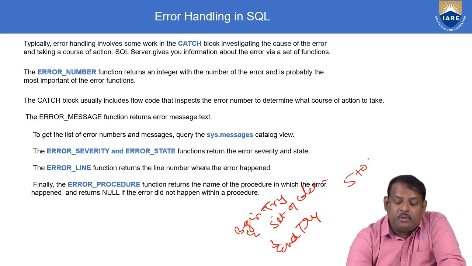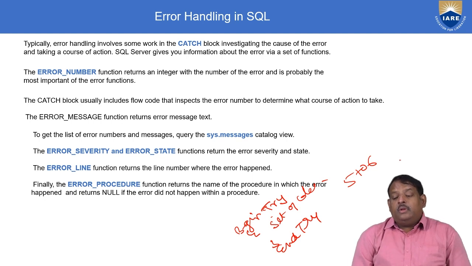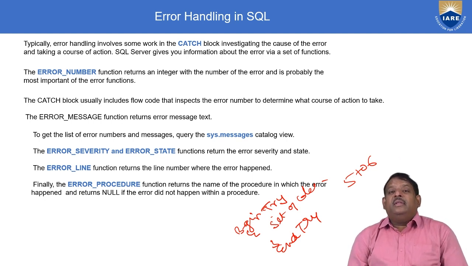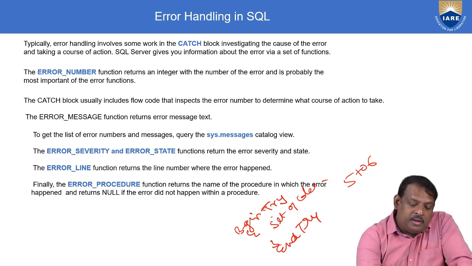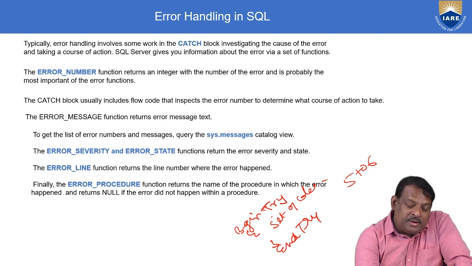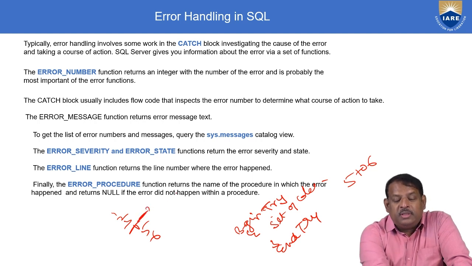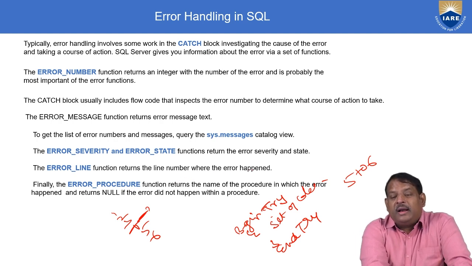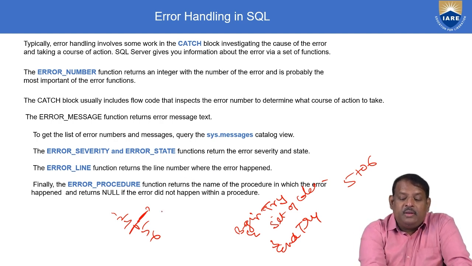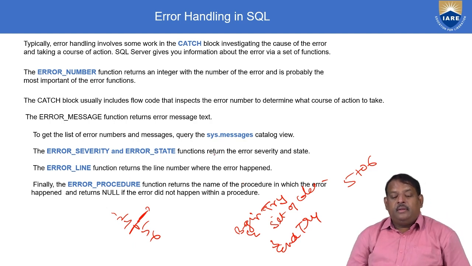When you are using the error line function, suppose you have written code in the try block, lines 1, 2, 3, 4, 5, 6. If you get an error at the fourth line, then by using the inbuilt function, error underscore line, it returns the line number where the error occurred. At this point, if you get an error, you'll see what the error line is.